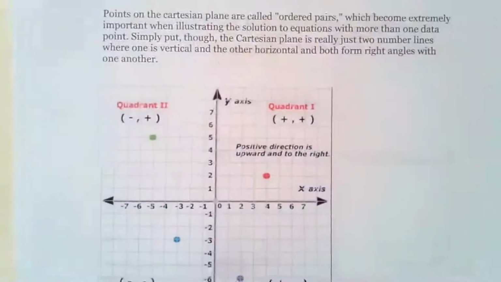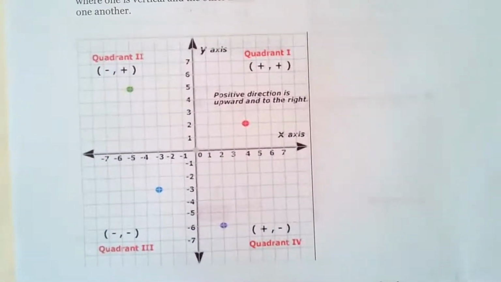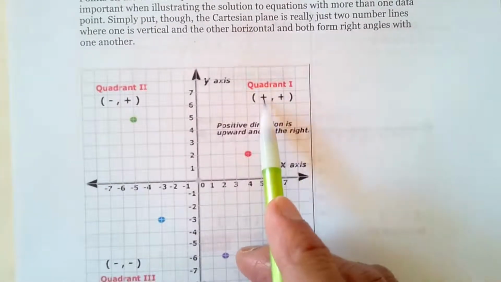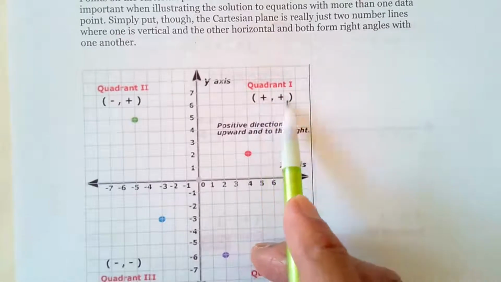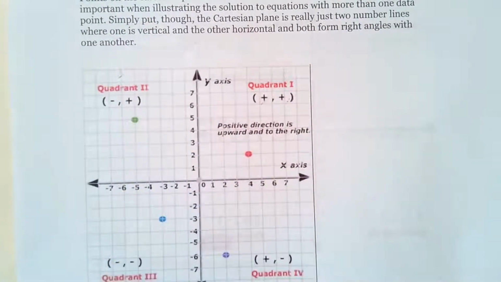Right, so let's look at this here. Here you have quadrant 1, and the x and y are positives in here. Then you move to the left, you're going counterclockwise.